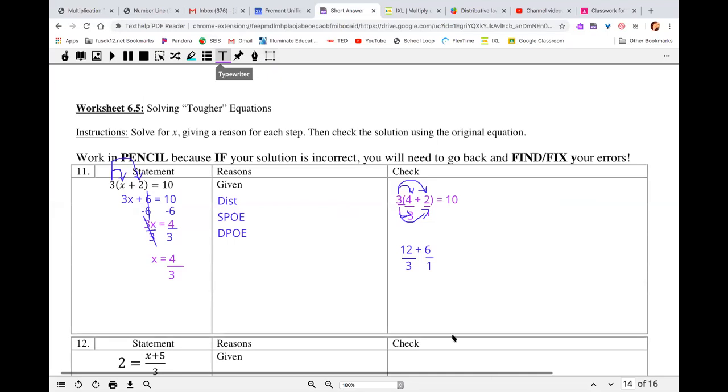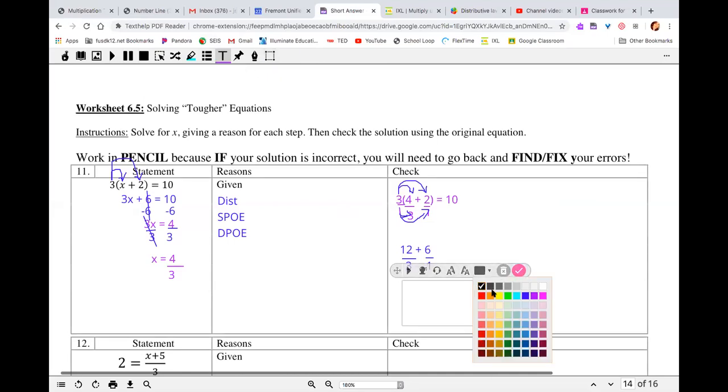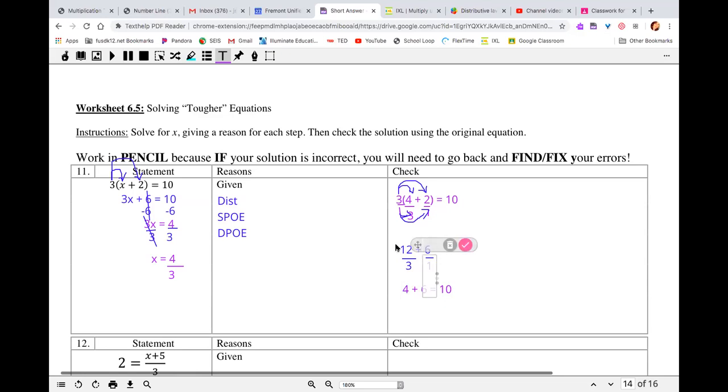So we got 4. And 6 divided by 1 is 6. Equals 10. All right, let's make sure I put that over here too.